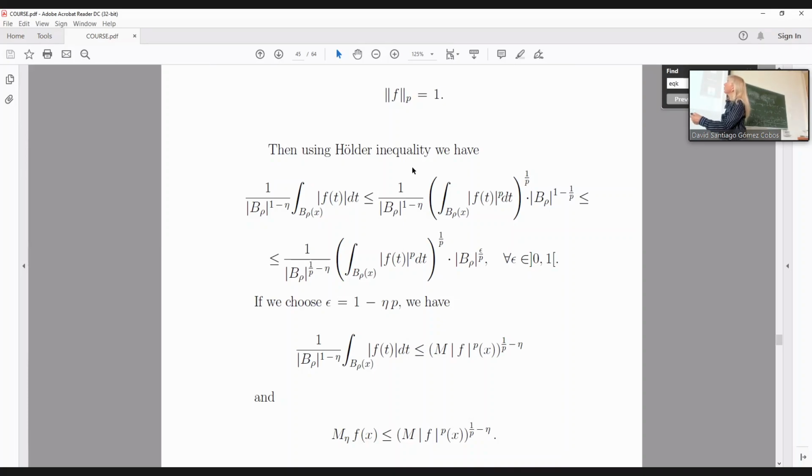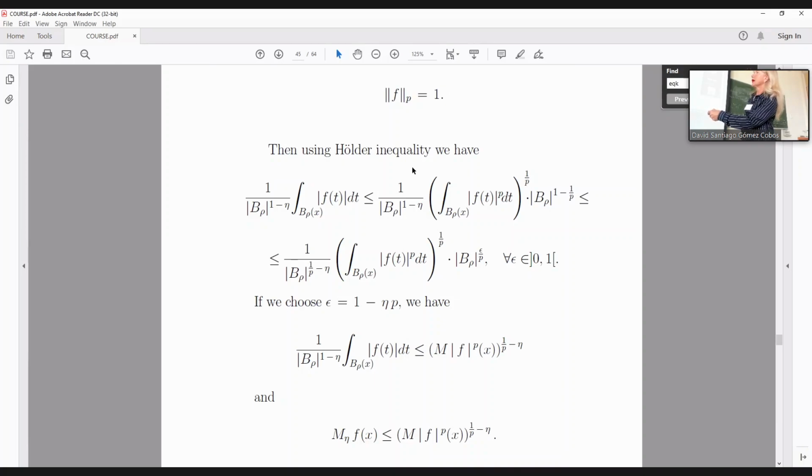Well, now we consider this quantity here, this copy, plus for every epsilon between 0 and 1, the measure of b rho with exponent epsilon minus 1 over p. And if we choose epsilon as 1 minus eta times p, we can majorize the first term with the maximal function of f^p with exponent 1 over p minus eta.